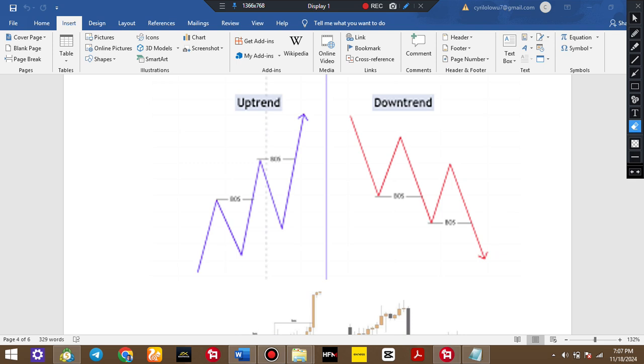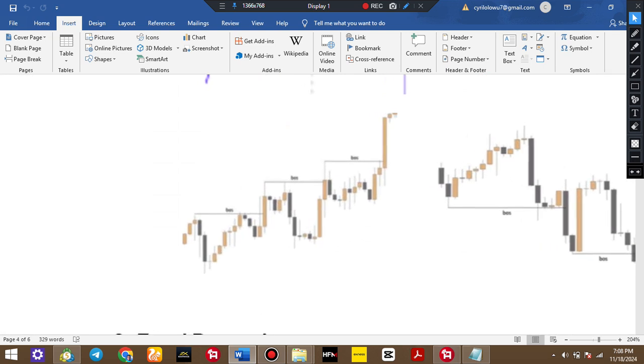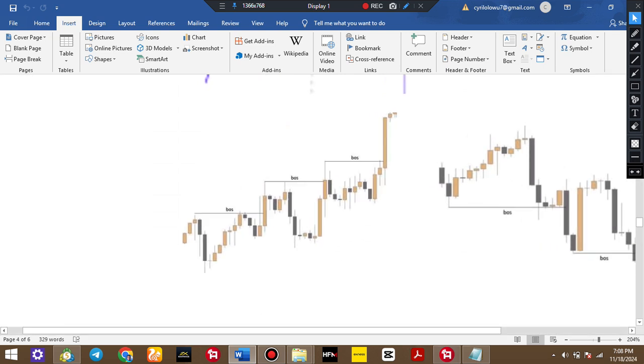Now we have something similar to the chart here. So you can see just exactly what we explained. You can see price has been breaking structure towards the upside. So this is a good example of a continuation trend in a bullish sequence or bullish pattern.